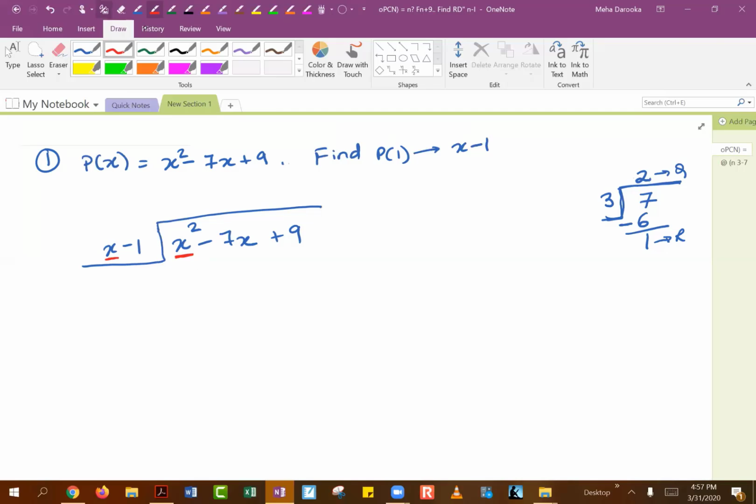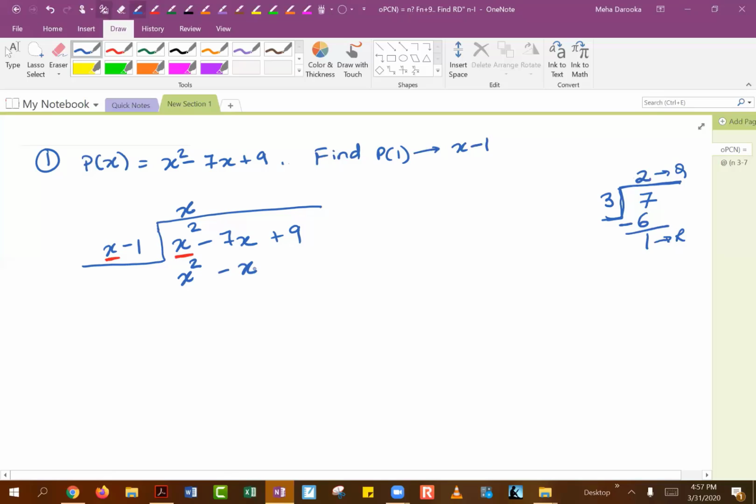Which means for this x here in my divisor, I actually need to multiply this by another x, because x times x here will end up giving us x squared for our division. And then you're also going to take this -1, which is part of your divisor, and also multiply that with the x. So -1 times x will give you -x.